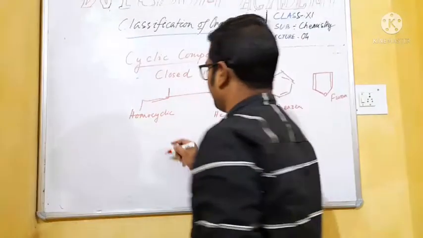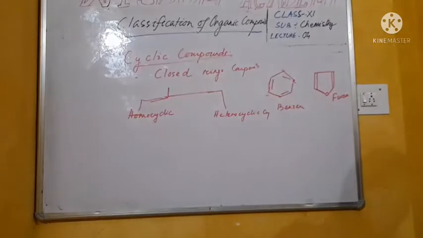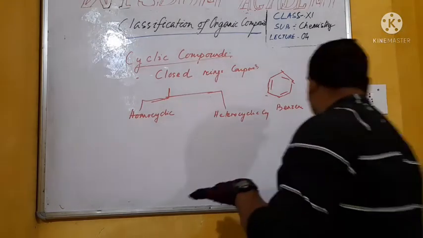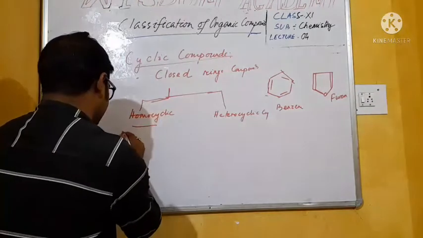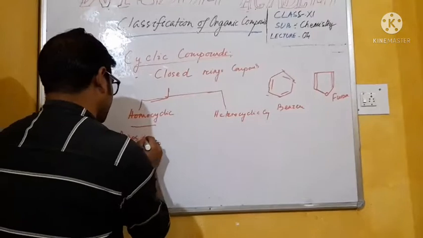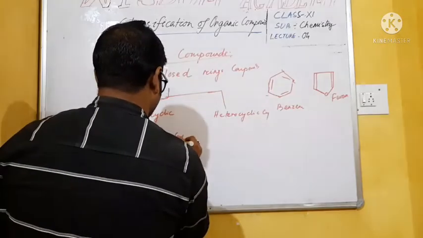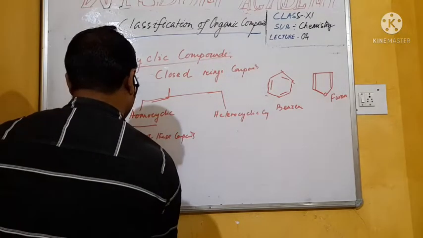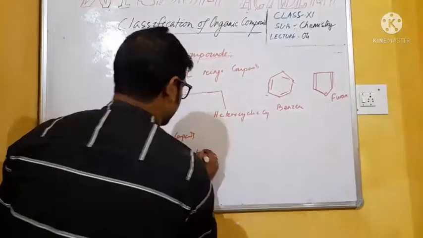So the compounds that contain the same type of atom are known as homo, which means the rings of these compounds contain carbon atoms only.